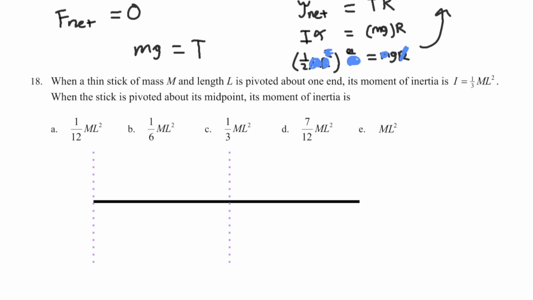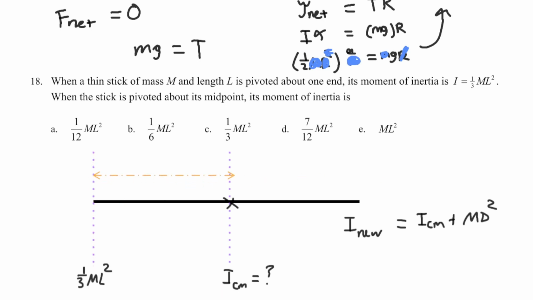So what we're given is that mass m, length l. So we're given that moment of inertia about this point is 1/3 ml squared, and we want the I of the center of mass. Well, the formula we have relating moments of inertia is that I somewhere else is equal to I at the center of mass plus md squared, where d is the distance between the axes of rotation.